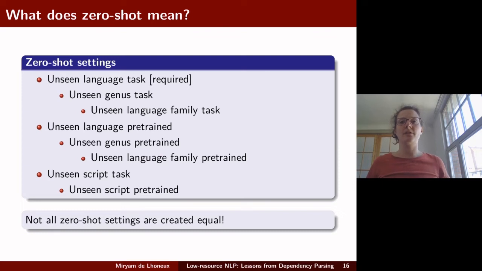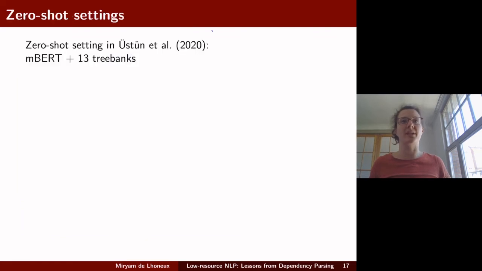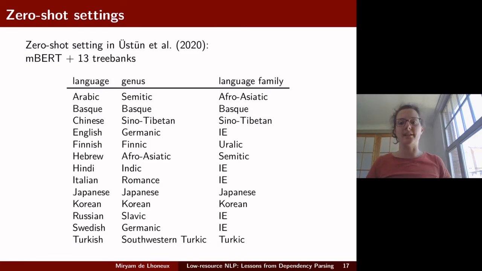Now I would like to see what this categorization can do when analyzing results of dependency parsing in a zero-shot setting. So I'm going to look at the baseline of this paper here, which I will come back to later. And so the baseline uses mBERT and trains a parser on 13 treebanks with the idea to cover as much language diversity as possible.